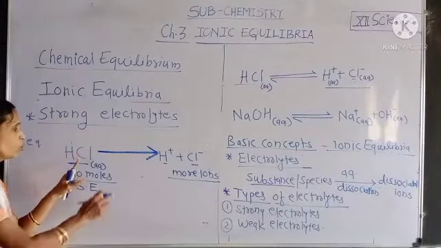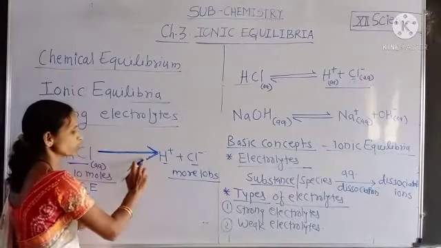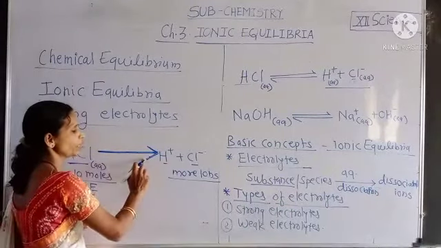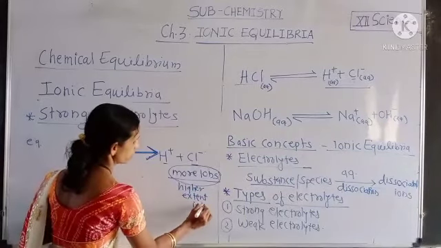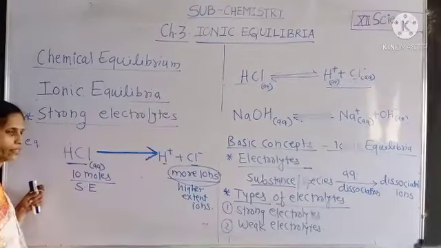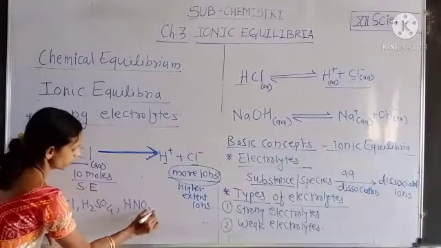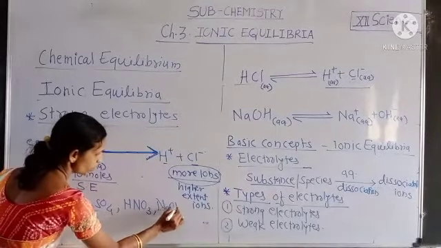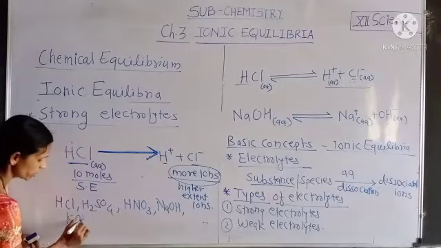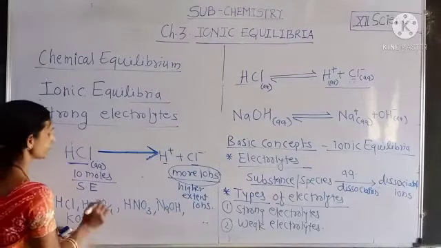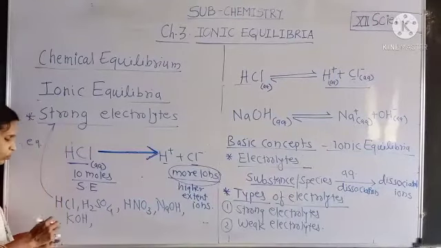It is a substance which dissociates completely or almost completely and gives a higher extent of ions. HCl, H2SO4 sulfuric acid, HNO3 nitric acid, NaOH sodium hydroxide and KOH potassium hydroxide are a few examples of strong electrolytes.